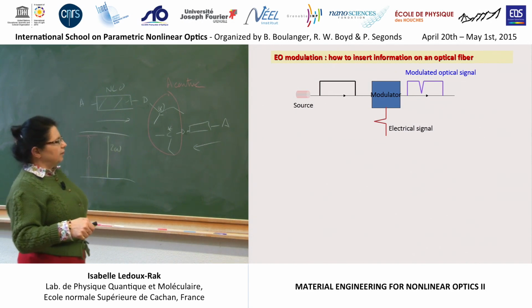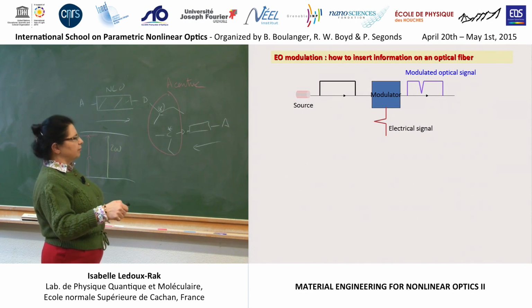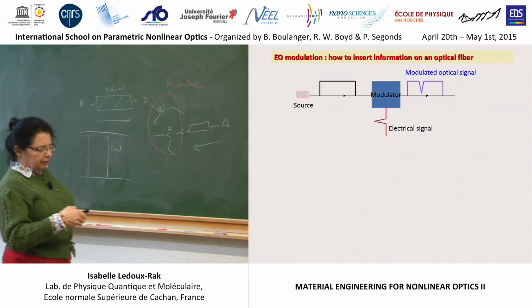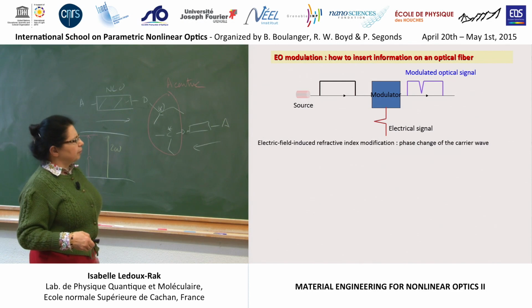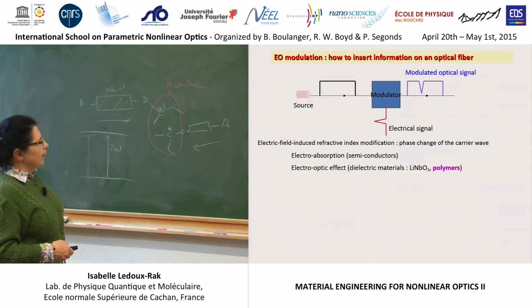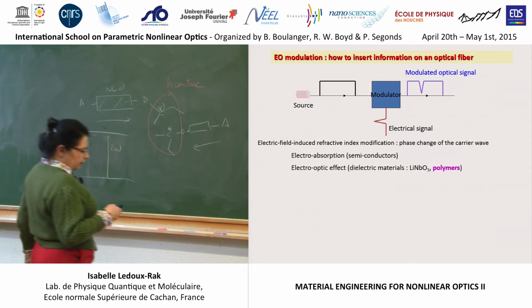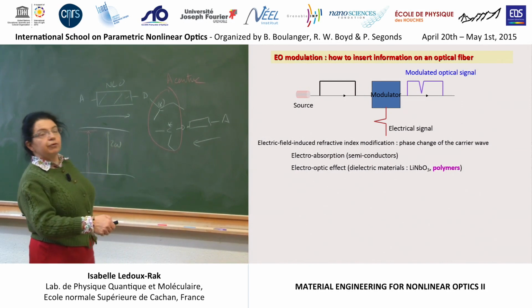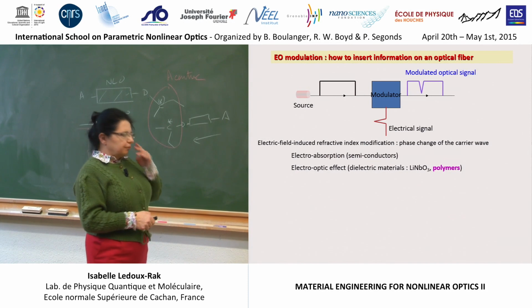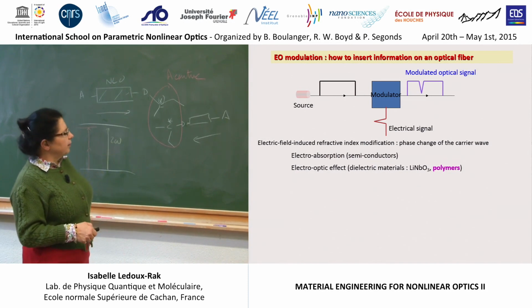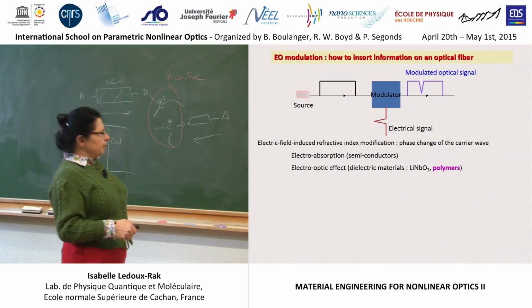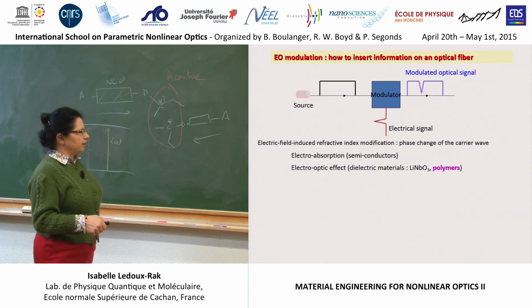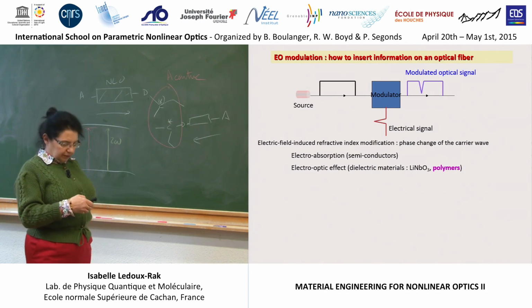So the electrical signal will change the phase, and will change the shape of the outcoming signal. The change of the carrier wave can be performed either by electroabsorption, in semiconductors, or by change of the real part of the refractive index. This is mainly obtained with electro-optic materials, such as lithium niobate and polymers.